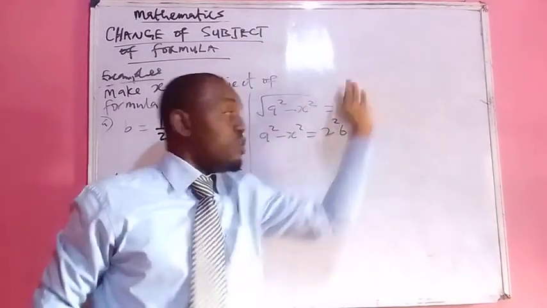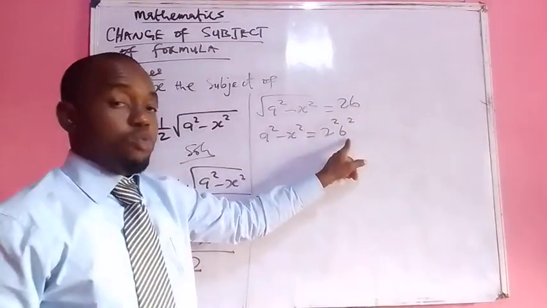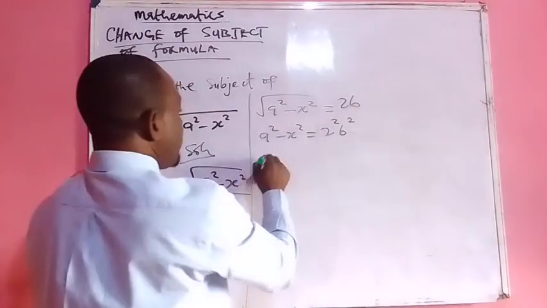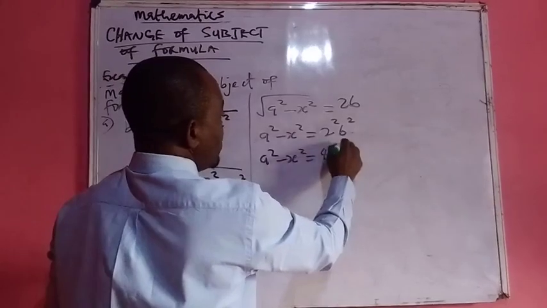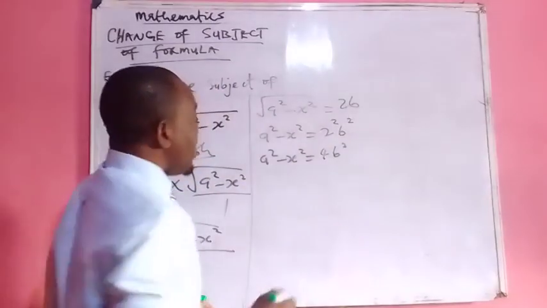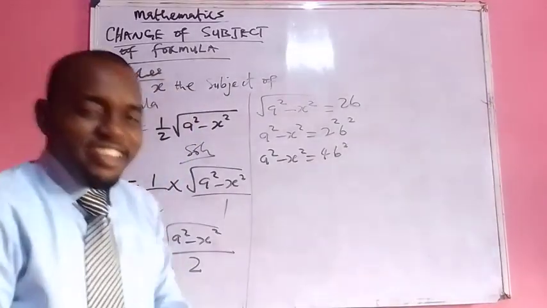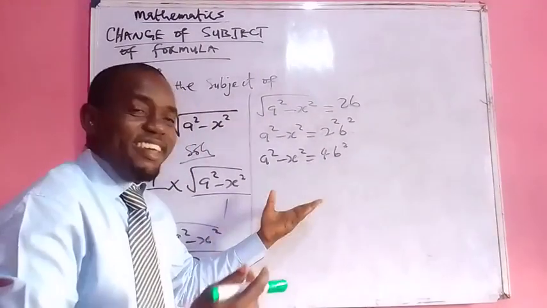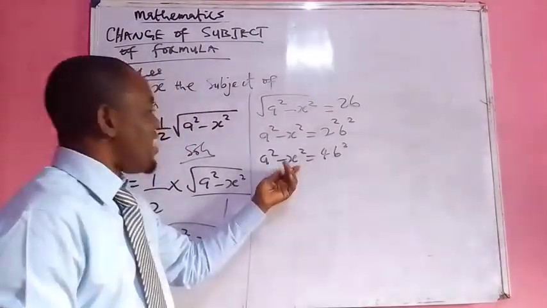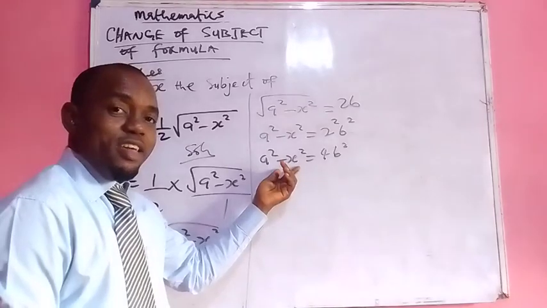That's how we got 2 square and b square. So now we have a square minus x square is equal to 2 square, which gives me 4, then b square. You get it now? Now it will be very easy to remove the x, because we have easily broken the bond that has been holding x. You get it now?